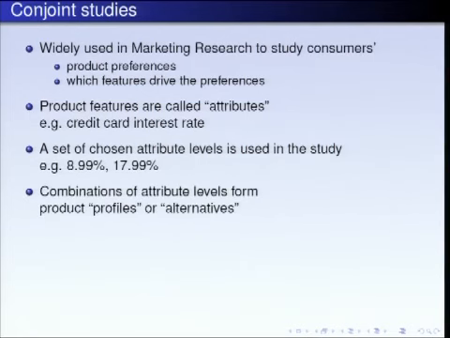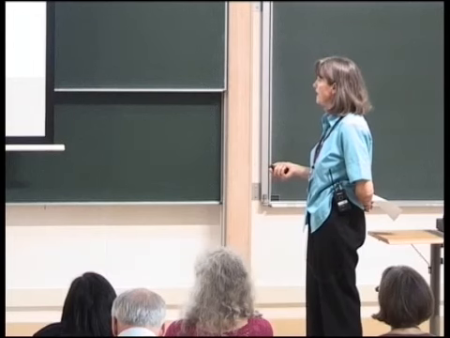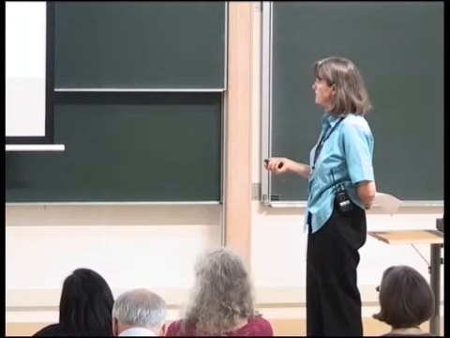The combinations then of the attribute levels form the product profiles or alternatives. And respondents evaluate a set of product profiles, as Martina said earlier, using maybe different methods of evaluation. Both Brad and Martina have been talking about choices. I'm going to be talking about ratings.